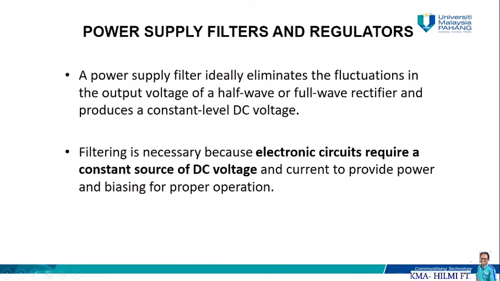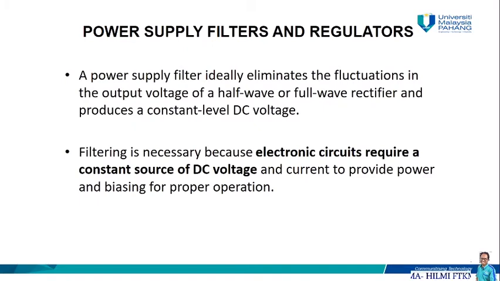Power supply filters and regulators. Next we are going to learn a little bit about filters and regulators. Basically, a power supply filter will ideally eliminate the fluctuation in the output voltage of a half wave or a full wave rectifier, and in the end it's going to produce a constant level DC voltage.